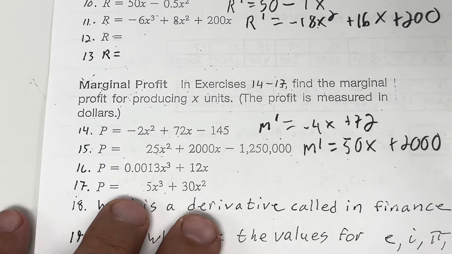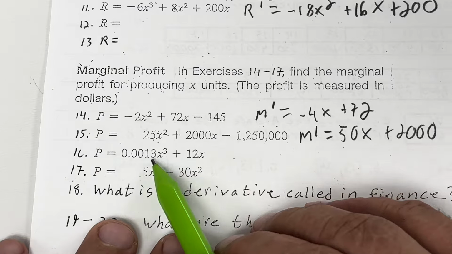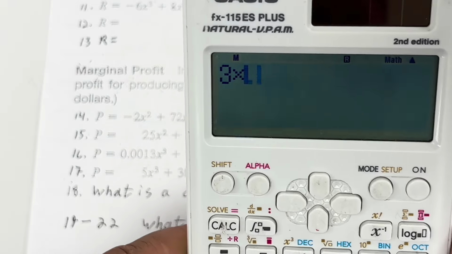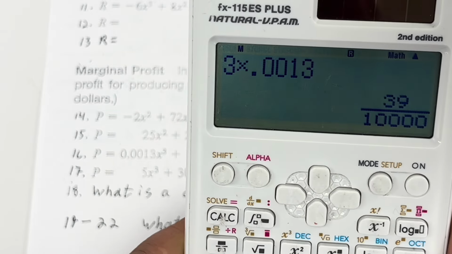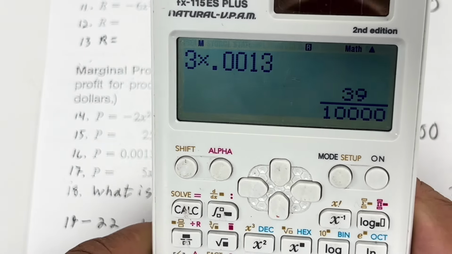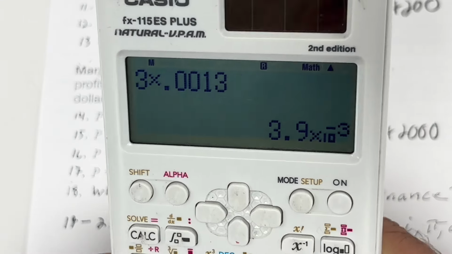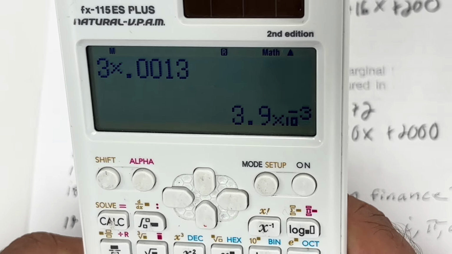Number 16, that one I have to take the derivative, so I have to do 3 times 0.0013. So using the power rule, I'm going to do 3 times 0.0013. It gives me a fraction, but I want a decimal, so I'm going to hit the SD button. And when I hit SD, it gives me scientific notation. So it's 3.9 times 10 to the negative third.